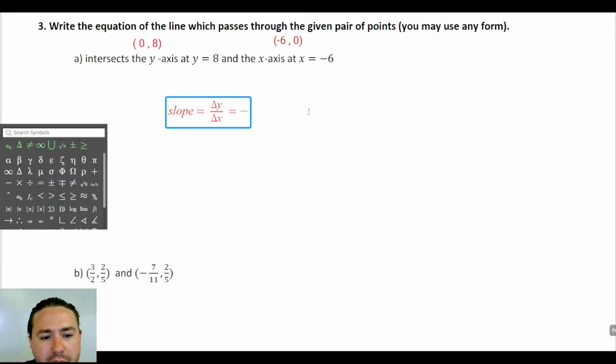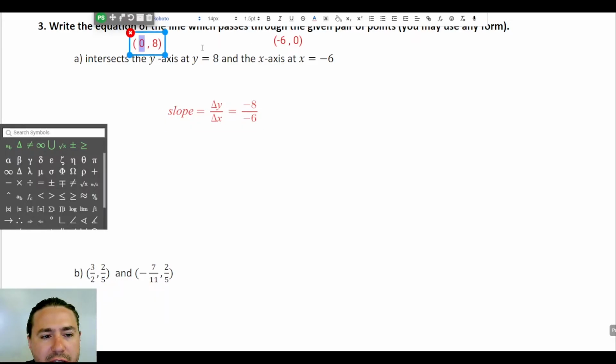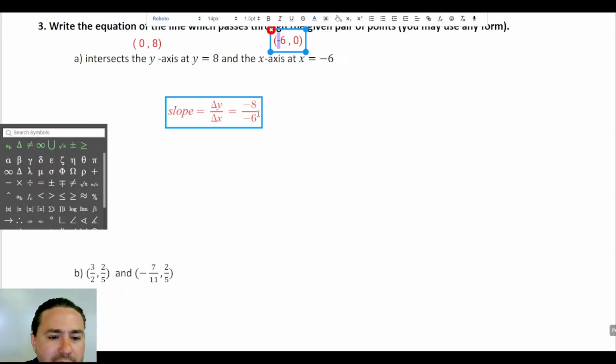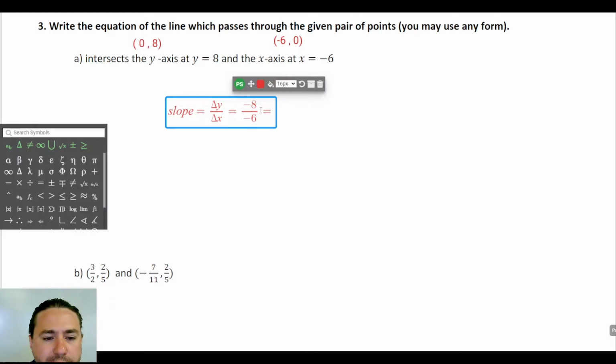If you're approaching it using the equation, it would be 0 minus 8, which is -8. -6 minus 0 would be -6. If you're thinking about it in terms of change, the way to get from 0 to -6 is to subtract 6. So when we simplify this, we get positive 4/3. So that's my slope.